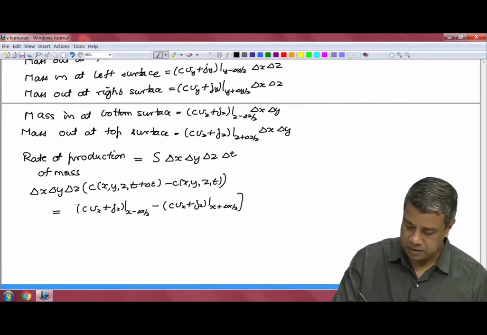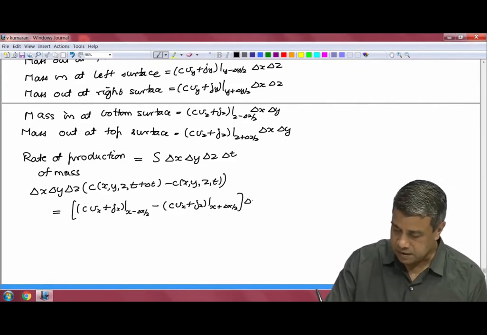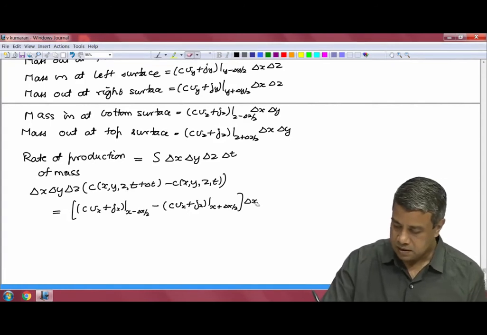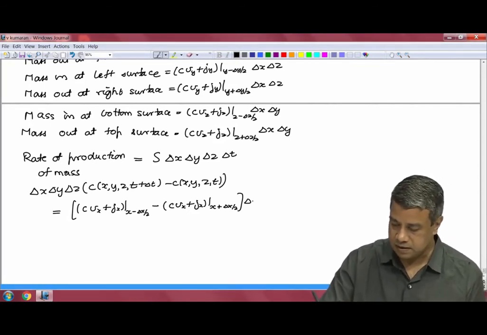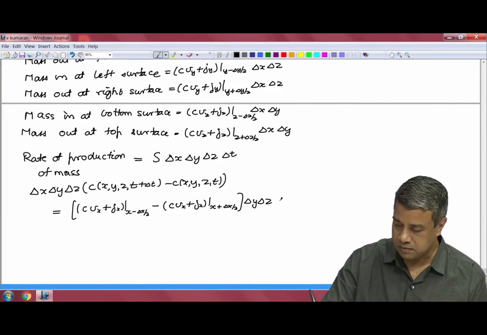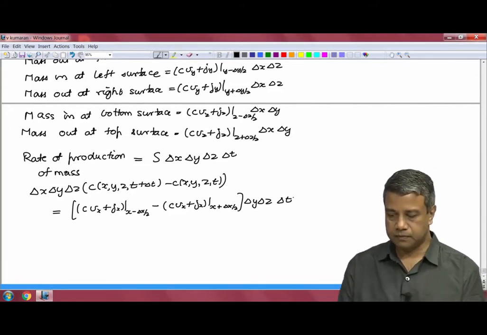Whole into the surface area. The front and rear faces, perpendicular to the x axis, have surface area delta y, delta z, into delta t.